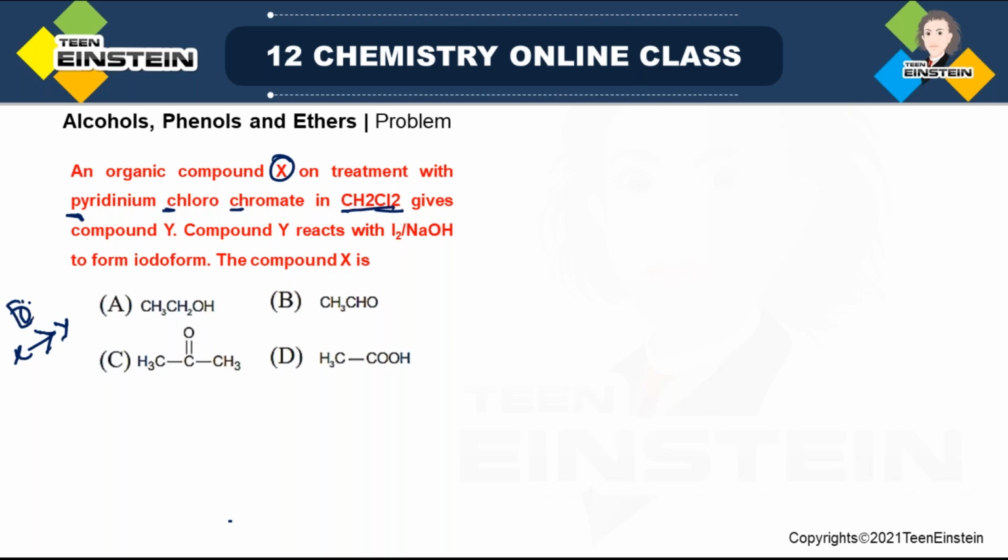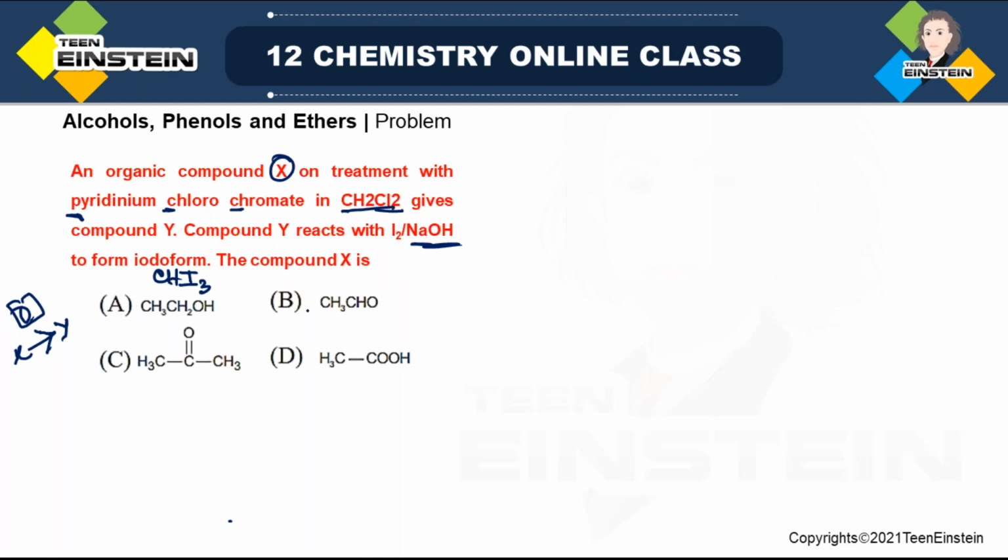So from X, you are getting Y, how? By some oxidation method. Now this oxidized product Y can react with iodine and NaOH. And what it forms? It forms iodoform, CHI3. So the iodoform reaction is possible in some special cases if there is a ketomethyl group, CH3CO, or a CH3CHOH group.